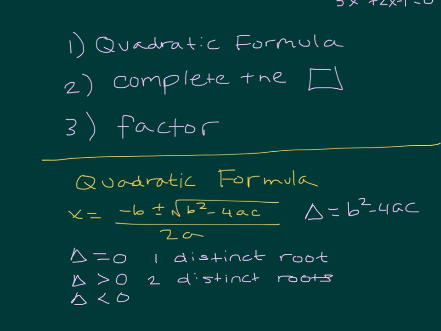And when that happens, that's an imaginary root. So we have 0 real roots, only imaginary roots. So those are the unique things that happen because of the discriminant. And IB loves to ask you about the discriminant, and you'll see an example of that on the next page.